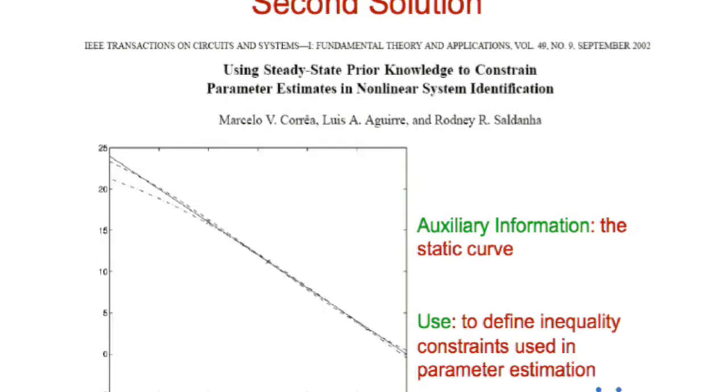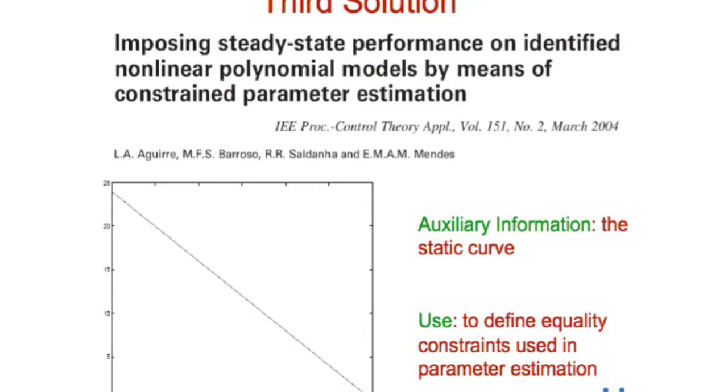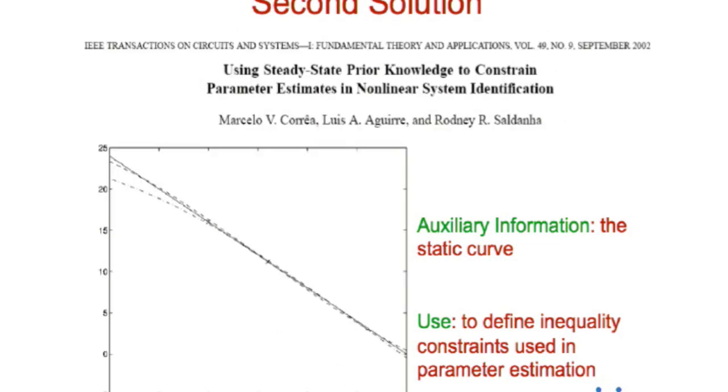All this part here has come as a benefit of using this idea. One step further, we started to impose that the static curve of the model should remain close to the static curve known by theory. We started doing this using inequality constraints.